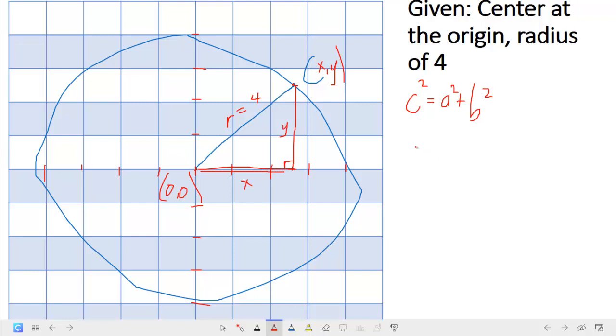So, this is 4, that is 4 squared. And that is equal to A, that is Y squared plus X squared. So, the equation is 16 equals X squared plus Y squared. And that is our answer. The equation of the circle is X squared plus Y squared equals 16.